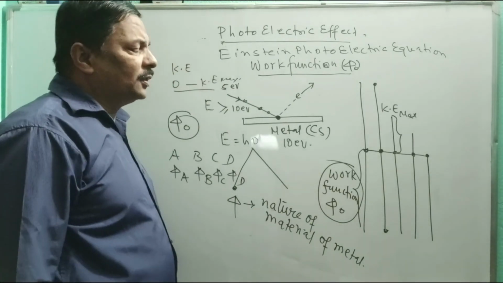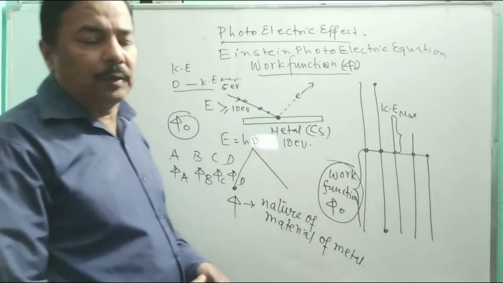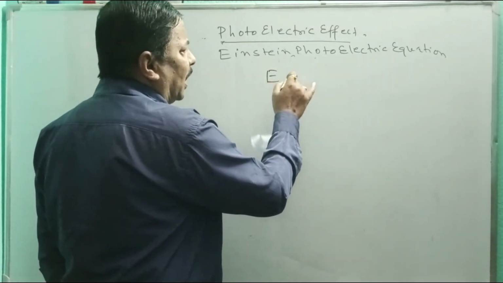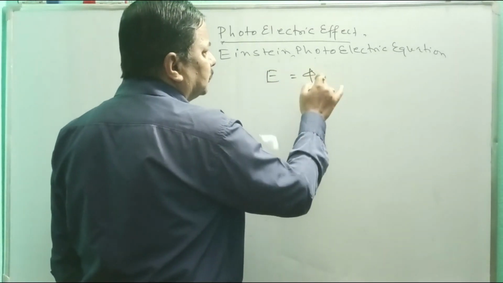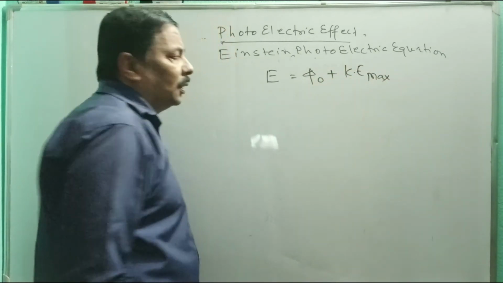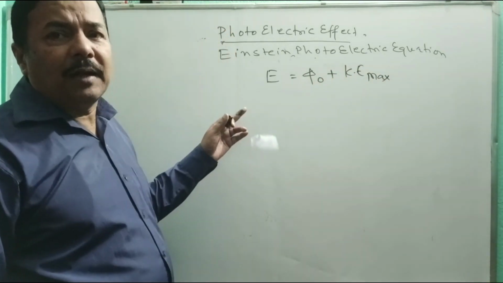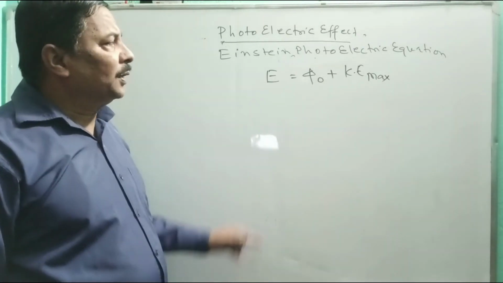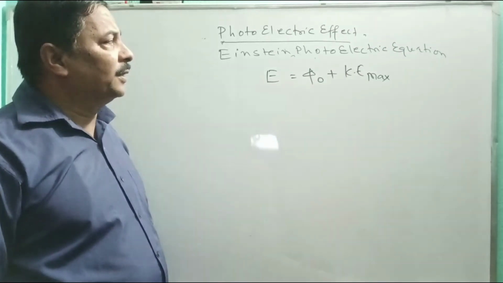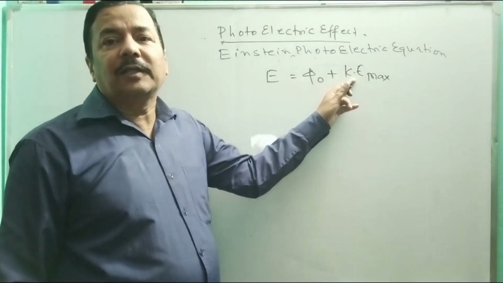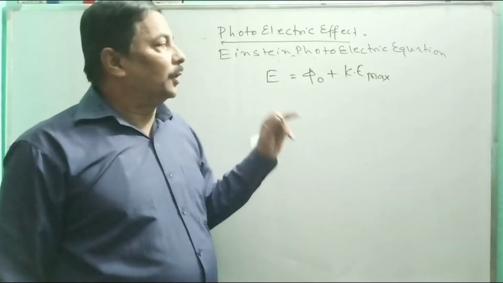If we want to understand Einstein's photoelectric equation, the energy of the photon that we are getting is used in two ways: one for the work function and the other portion provides the kinetic energy to the electron.